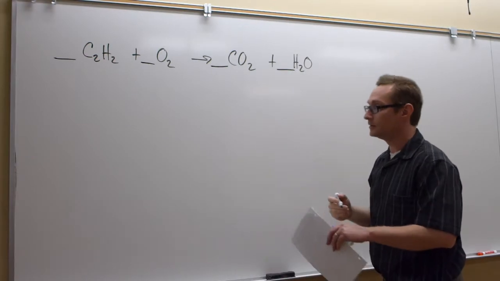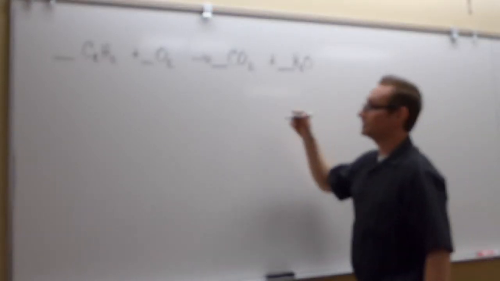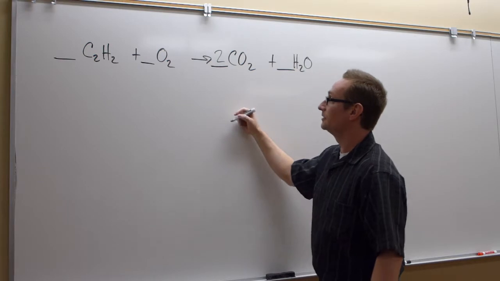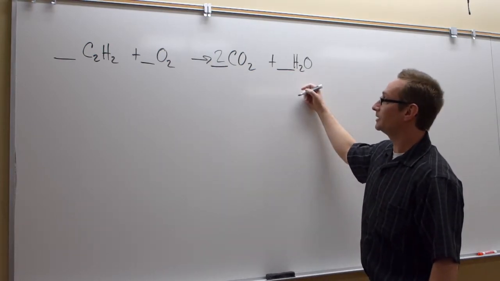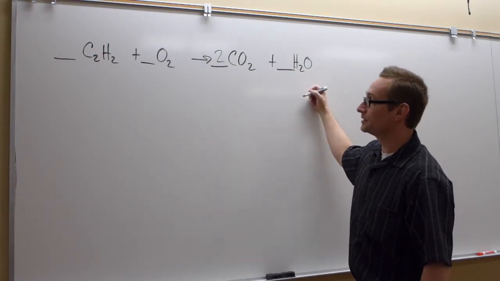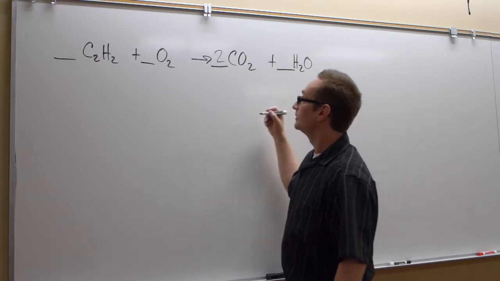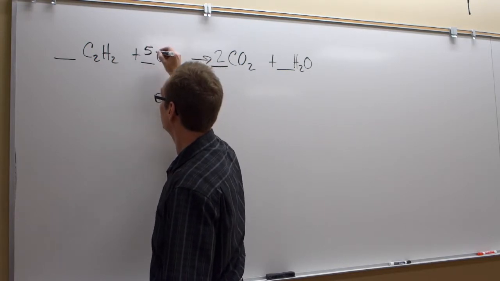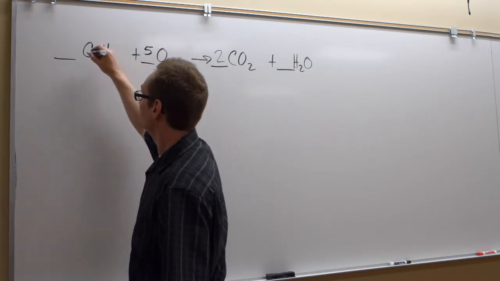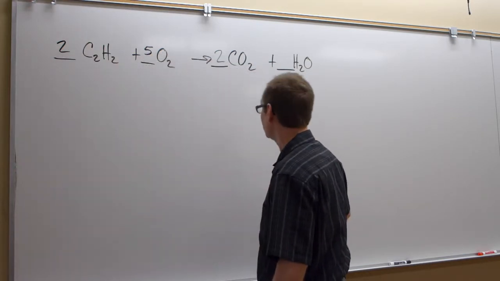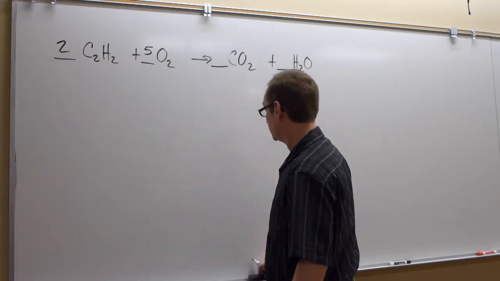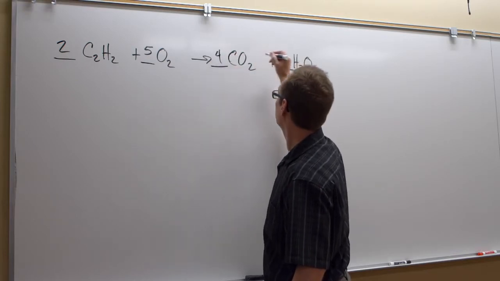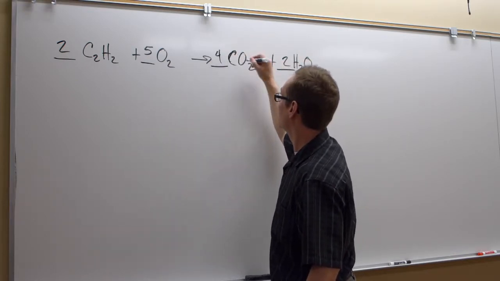Okay, and then we have to balance this. So let's see, we have 2 carbons there, 2 hydrogens already, we got 5 oxygens. So what this ends up becoming is 5 halves, but getting rid of the half, we get 2C2H2 plus 5O2 gives 4CO2 plus 2H2O.